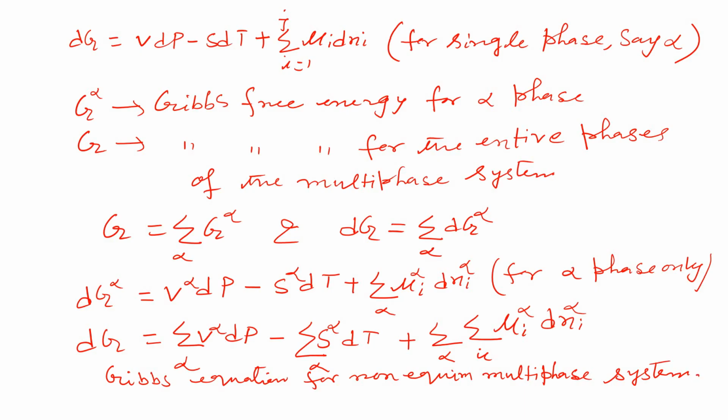So what we have learned is that whenever the system is an open system, exchange of matter with the surroundings is possible. The number of moles of the different components, if it is a mixture, will change. In that case, extensive properties change not only with the change in temperature and pressure, but also with the change in the number of moles. So we have derived the Gibbs equation for a non-equilibrium or open system. Hope you have understood. Thank you.